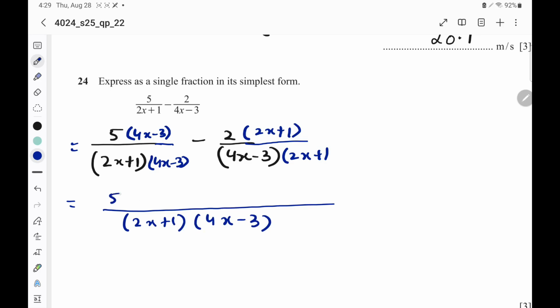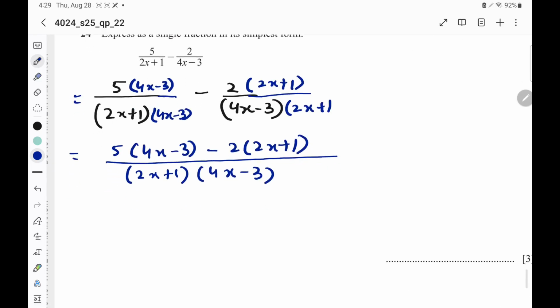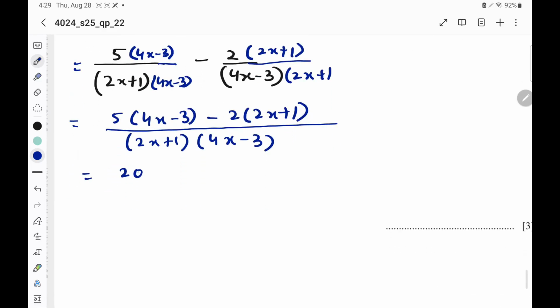So that is 5 times 4x minus 3 and 2 times 2x plus 1, write down together. Now do it. 5 4s are 20x, minus 5 3s are 15, and minus 2 2s are 4x, minus 2 1s are minus 2. We multiply 5 with 4x and then with minus 3, and we multiply 2 with 2x and then with the minus sign 2 with 1.